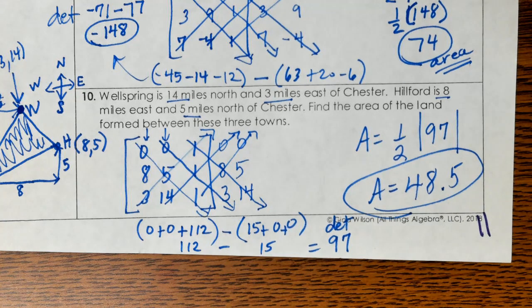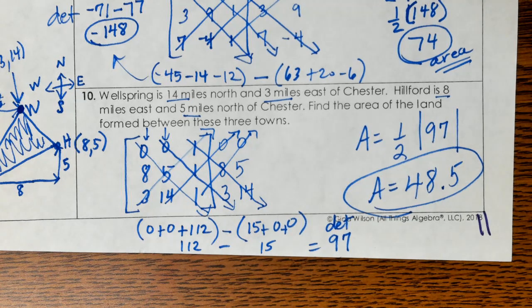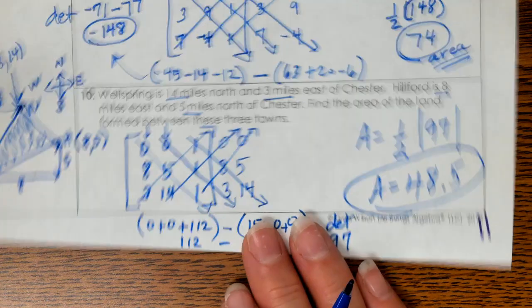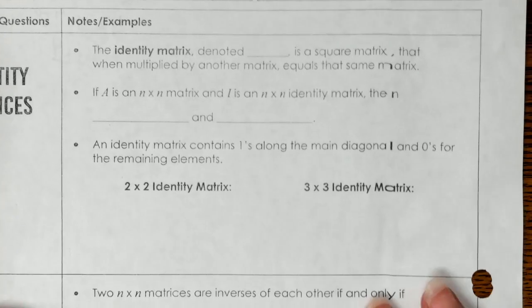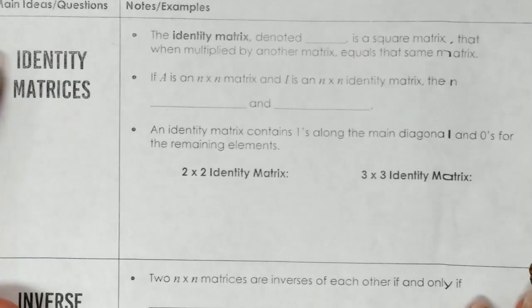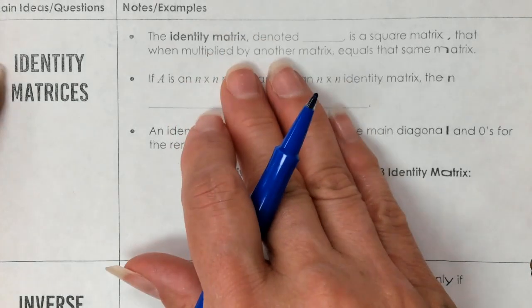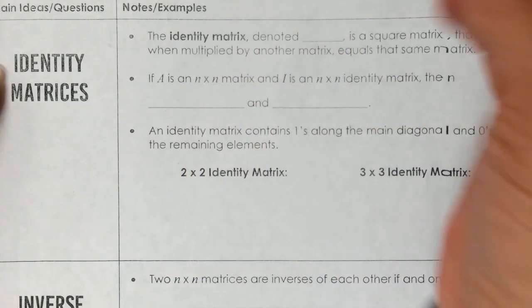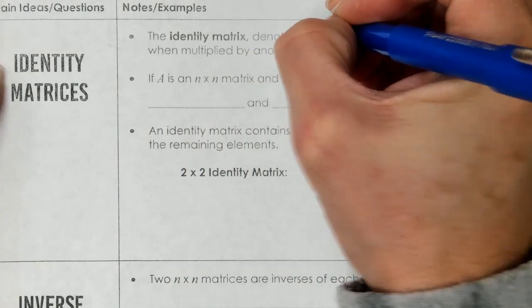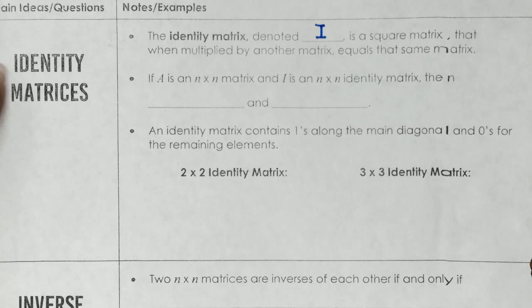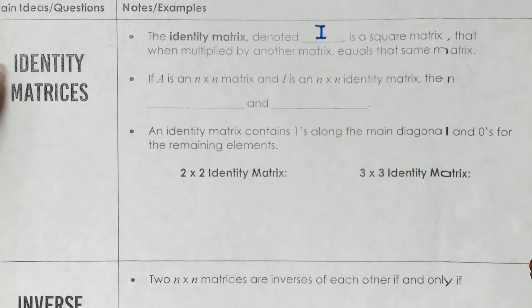Now, for the next thing that I would like to show you, I want you to turn over to page 12 in your packet, and let's look at a few things at the top, some little definitions. An identity matrix is denoted as a big capital I. It is a square matrix that when multiplied by another matrix equals that same matrix.